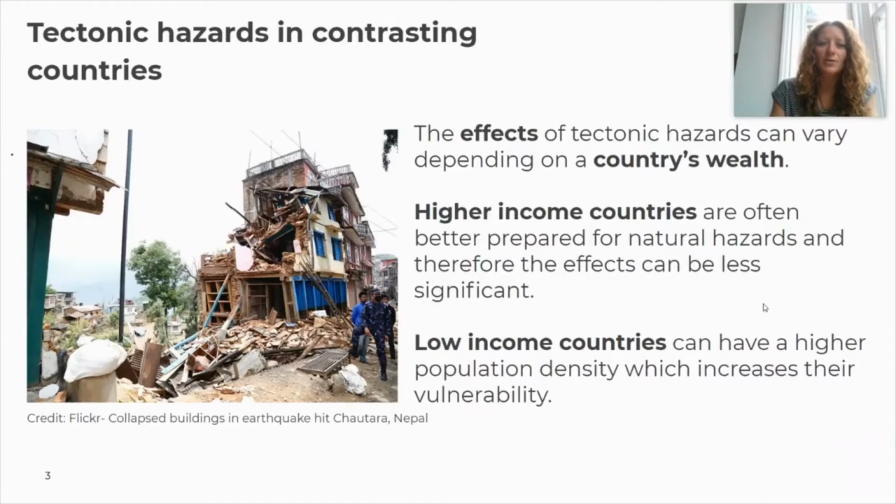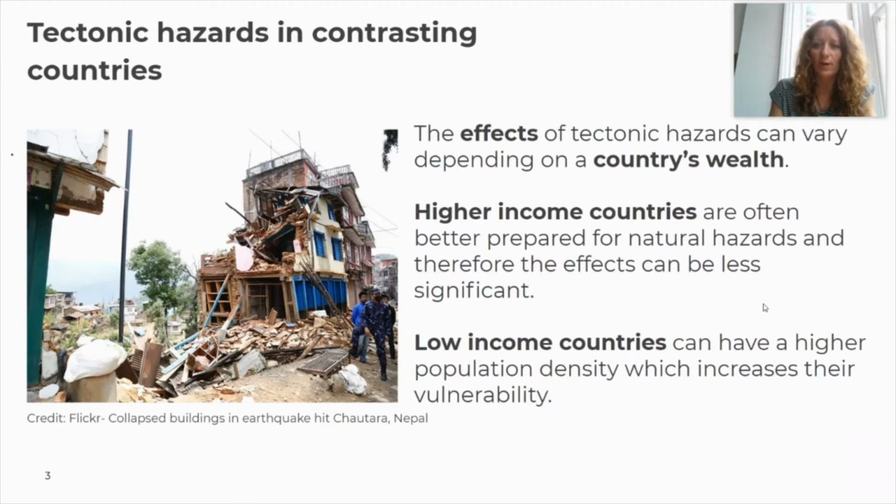Essentially, what we're going to be looking at is the way that tectonic hazards affect contrasting countries. When I say contrasting countries, I'm talking about countries that are more developed and countries that are less developed. Some of the language we might use around this would be a high income country or a low income country.